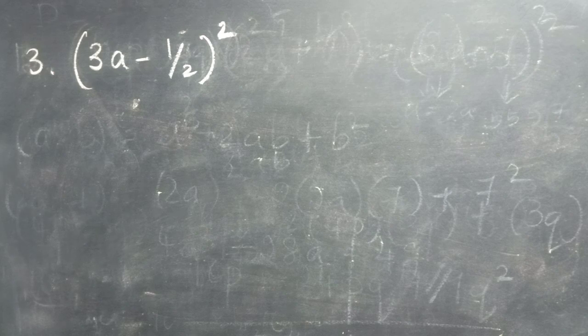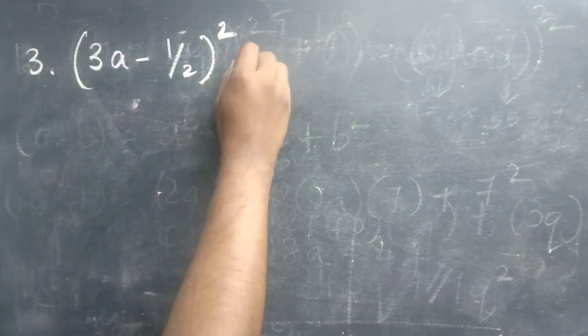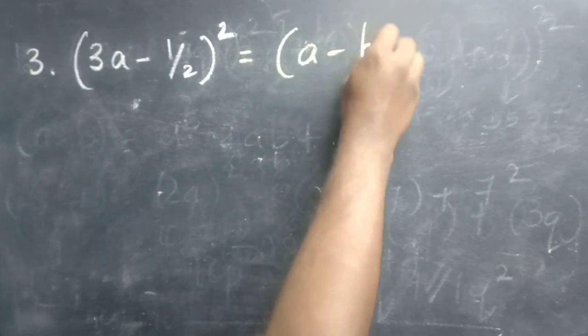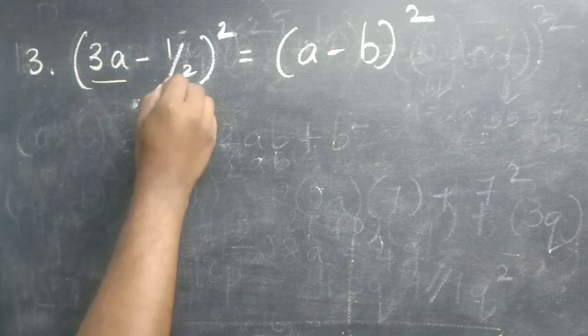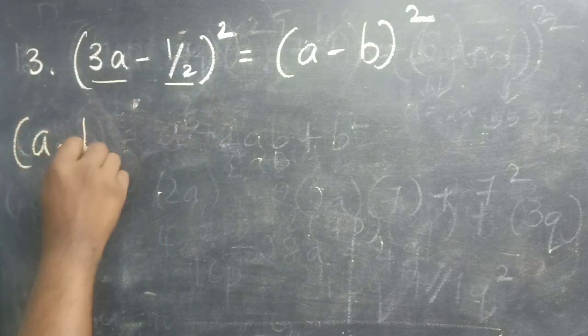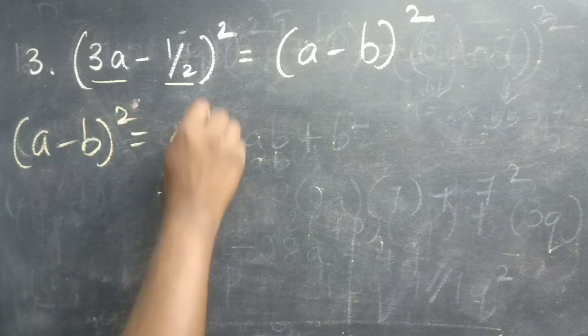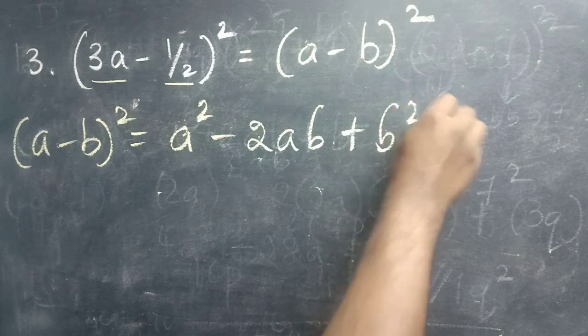Third question, 3a minus 1 by 2 whole square, which is of the form a minus b whole square. In the place of a, I have 3a. In the place of b, I have 1 by 2. Now a minus b whole square equals a square minus 2 times ab plus b square.